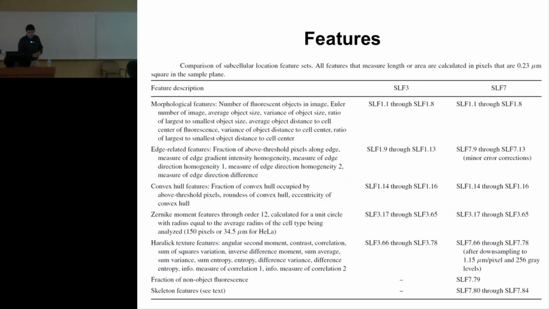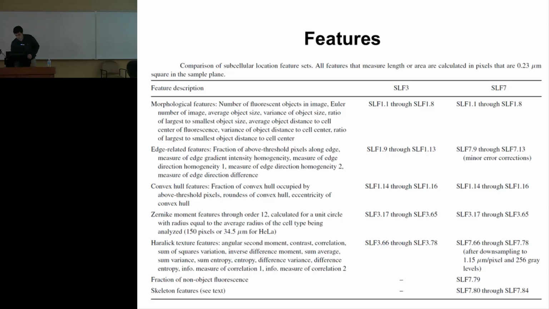There are several features in terms of morphology: Euler number, size of the objects, variation of the size. Then we have edge-related features. There are shape-related features: eccentricity, the convex hull, and the morphological skeleton. There are also Haralick features and moments. I haven't used those yet.